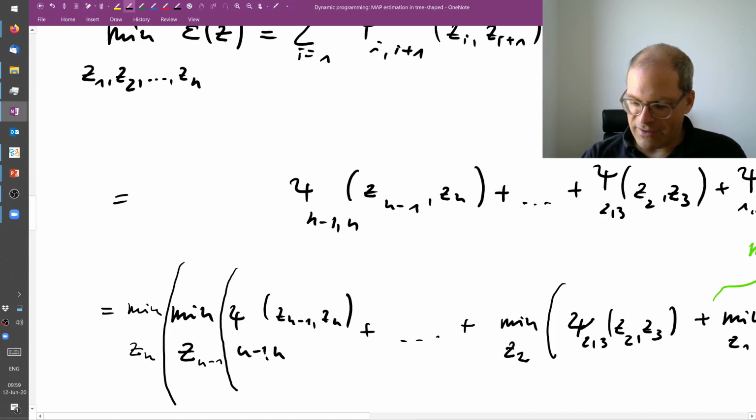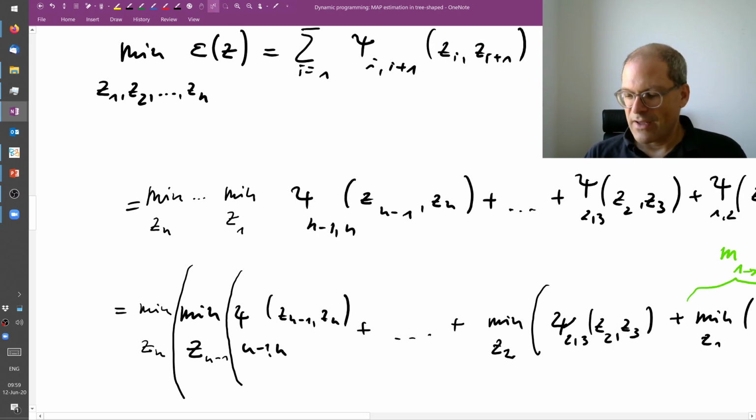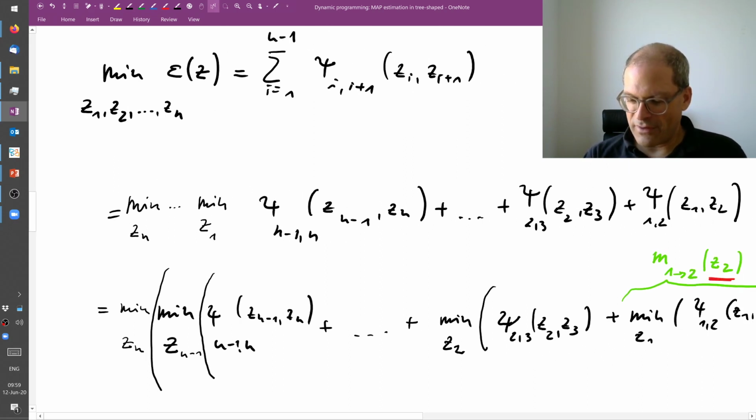I can rewrite this. I can say I want to minimize over Zn, and I want to minimize over Zn minus 1, and so on. And I want to minimize over Z1. This is always true, just a different way of writing the minimum over many different states.